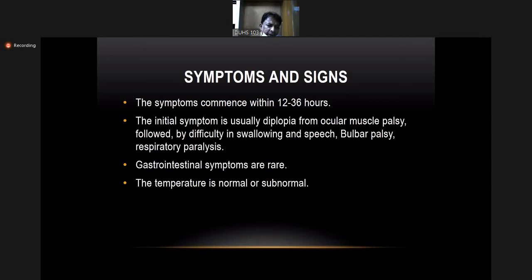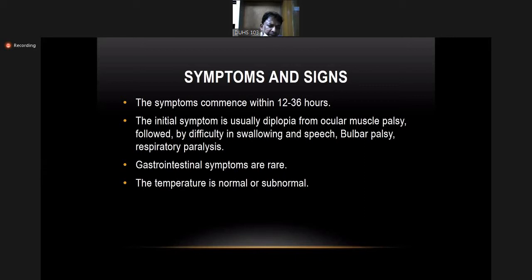That occurs rapidly due to the paralysis of the respiratory muscles at the alveoli level. Gastrointestinal symptoms are rare. This is not caused directly on the GIT, but it acts on the nervous system, the motor nervous system, which actually runs the smooth muscles. So it paralyzes the very small, tiny smooth muscles of the respiratory system in the lungs and causes death.